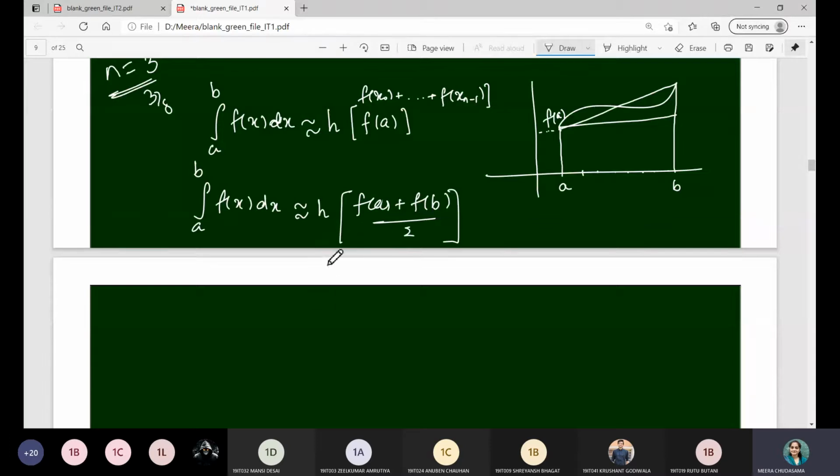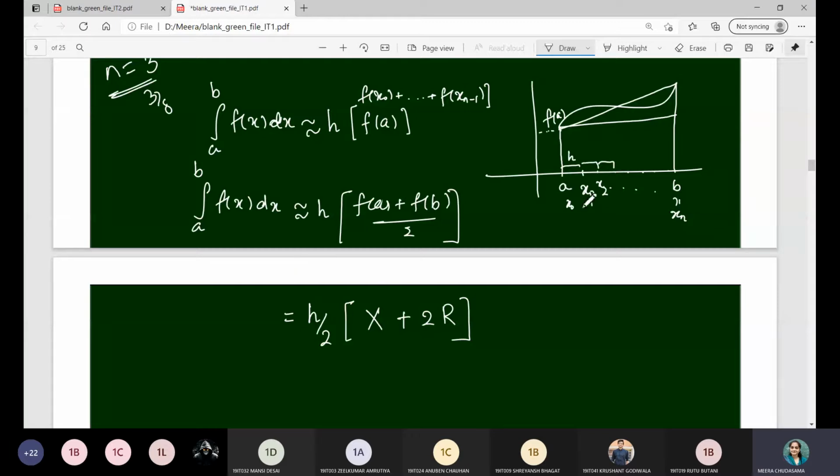So it is h by 2 times f of a plus f of b, and when you consider intermediate values, it is approximated as h by 2 times the sum of extreme values plus twice the remaining values. That is what we have seen when you consider the partitions x0, x1, x2 and so on. This last is xn. These are the partitions, or we can say subintervals of the length h we have considered, right?